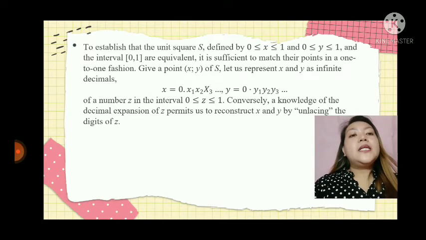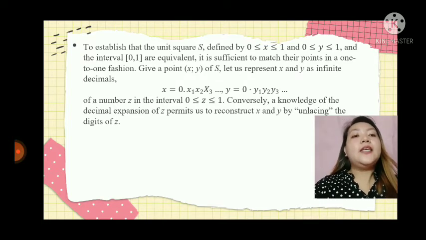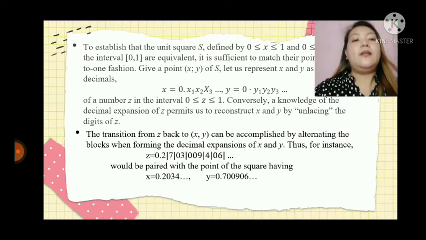Of a number z in the interval 0 less than or equal to z less than or equal to 1, conversely, a knowledge of the decimal expansion of z permits us to reconstruct x and y by alternating the digits of z.